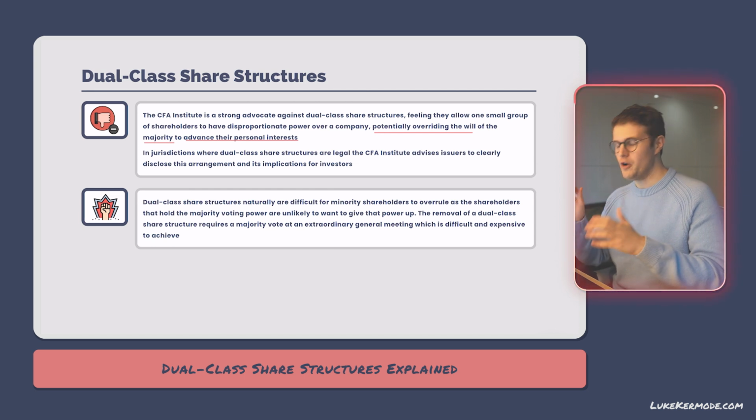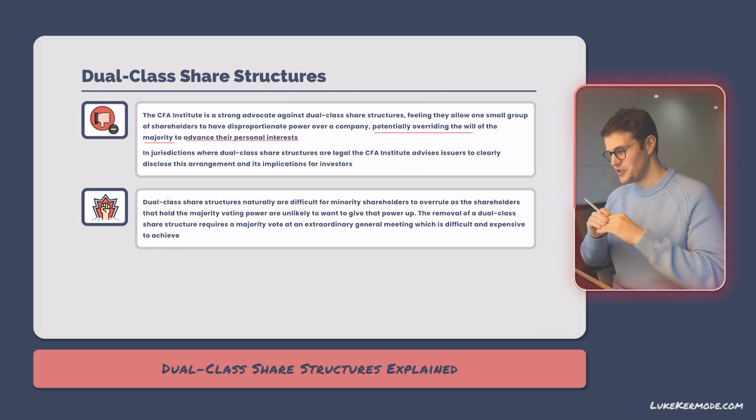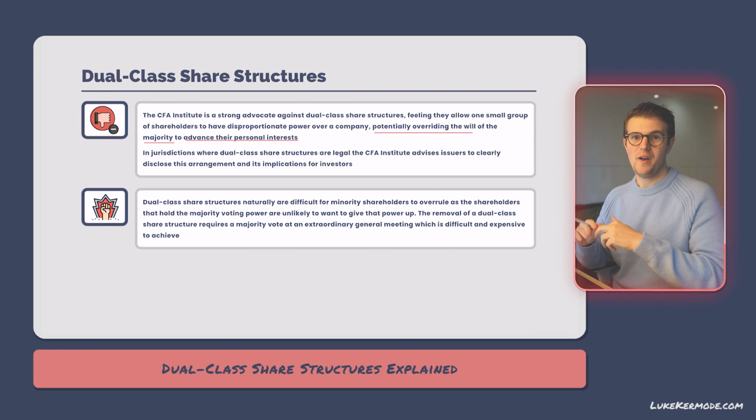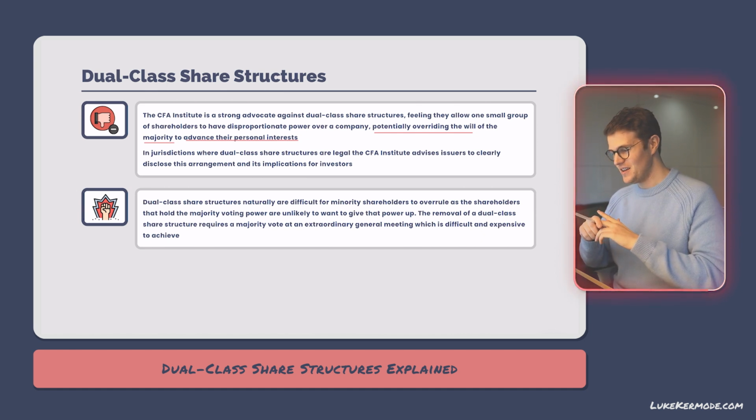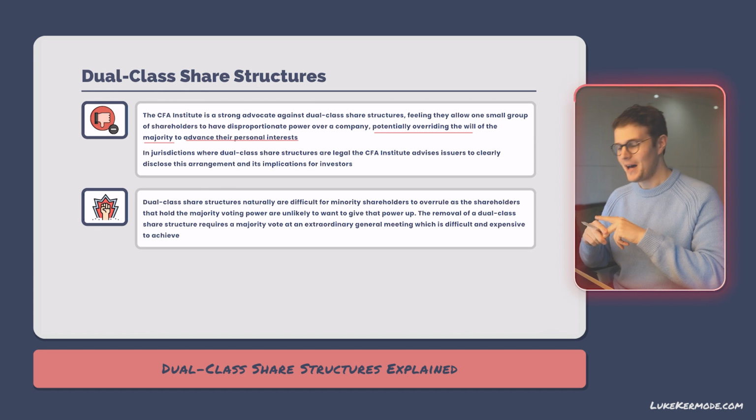The other issue with dual class share structures is it's very difficult for the minority shareholders in the company to overrule or change a dual class share structure back to a single class share structure, because naturally the voting rights sit with the Class B shareholders and they're very unlikely to want to give that power up. So if the minority shareholders propose a change to the company's bylaws to eradicate the dual class share structures, it's going to be very difficult to get that through, because those that hold the Class B shares are going to vote against it and they hold the majority voting power.